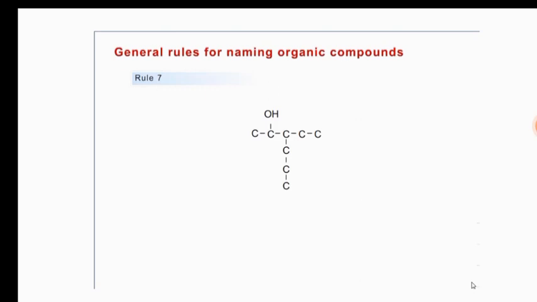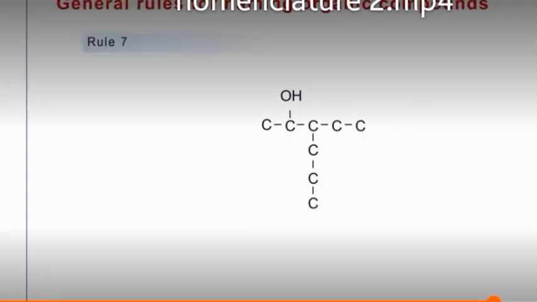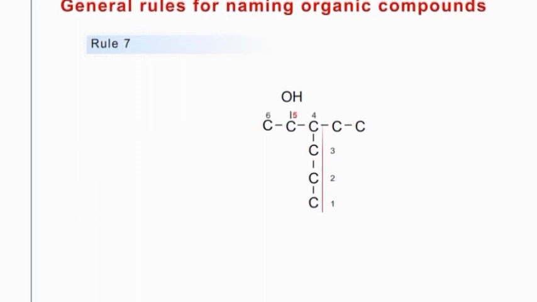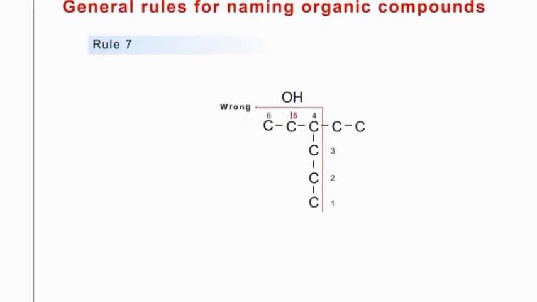When you are going to name this compound, you have to select a main chain. The main chain you could easily select contains the functional group; the carbon atom attached to the functional group must be in the main chain. And how do you number the carbon atoms of the main chain? That's what we are discussing.